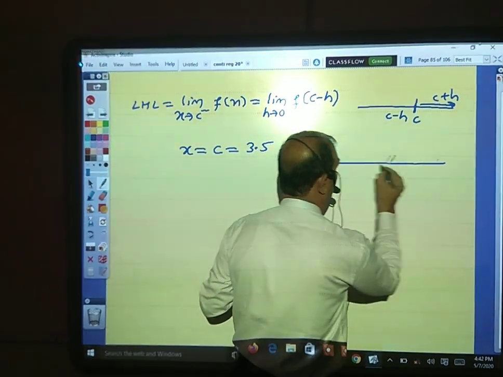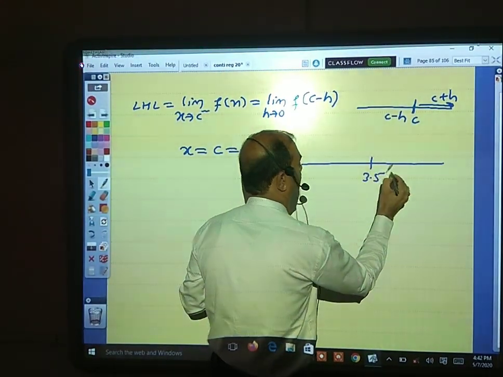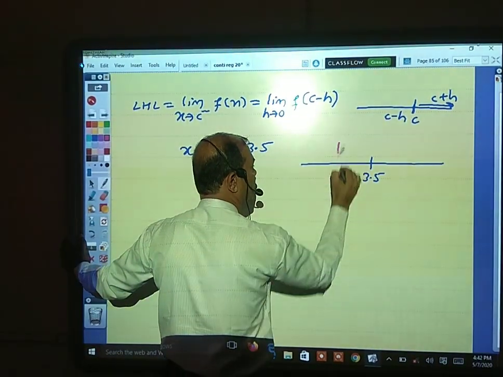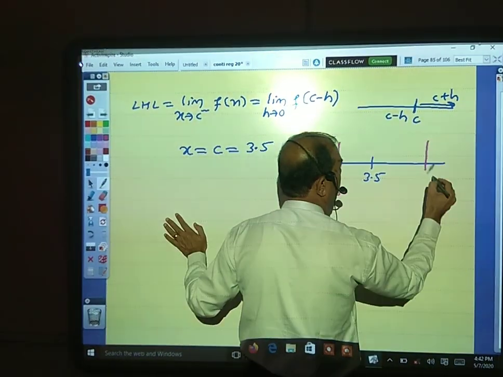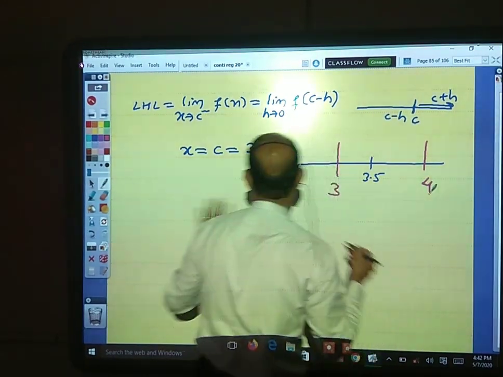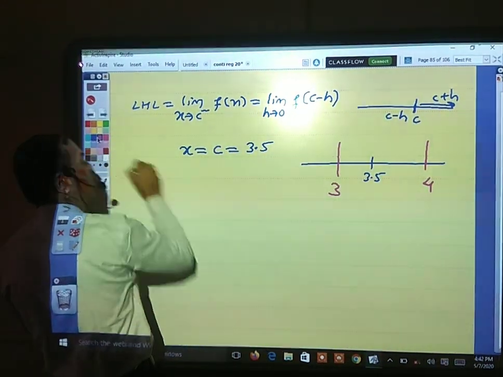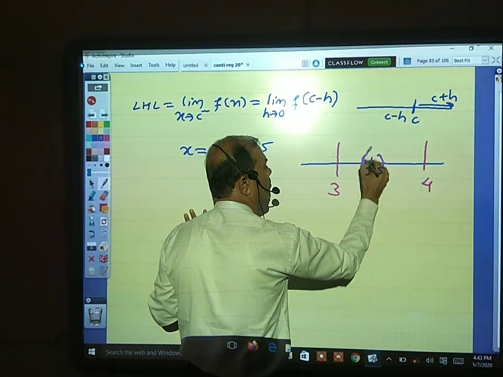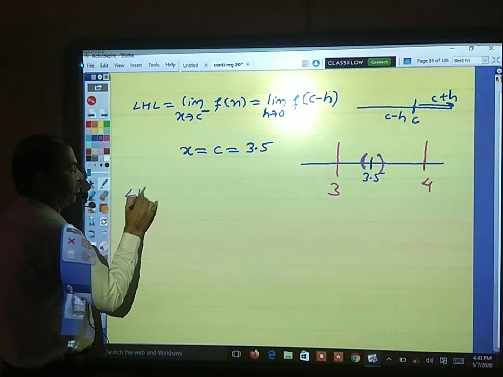Okay, now to the left side of that we have 3, to the right side of that we have 4. Now in the neighborhood of 3.5 we are checking. Okay, take the left hand limit.